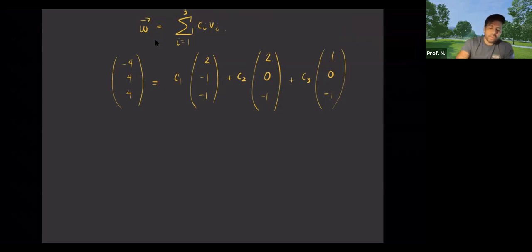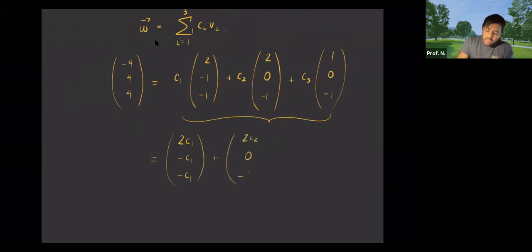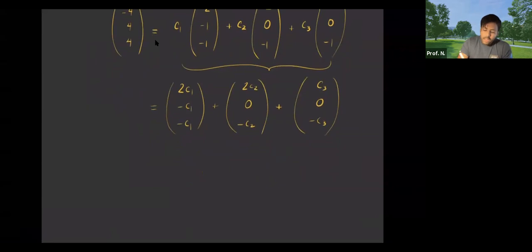So this is where you have to think about what this actually means on the right side. What am I actually doing here? If I multiply each vector by its specified scalar, wouldn't this look like 2C1, negative C1, negative C1, plus 2C2, 0, negative C2, plus C3, 0, negative C3? If I add these, you can think of them as 3x1 matrices, then I add them by components, don't I?